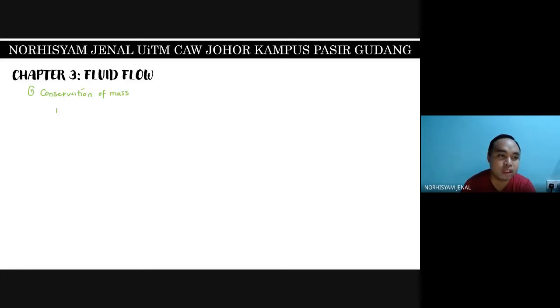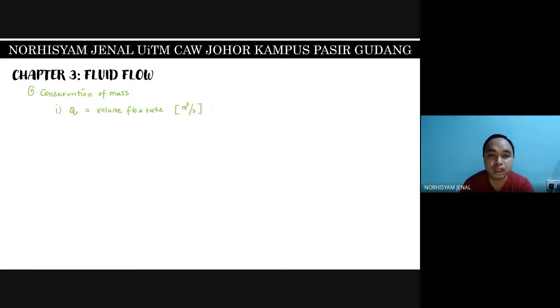Number one is denoted as Q, which we call the volume flow rate. So what is this? It is the volume of fluid flowing past a section per unit time. Volume flow rate is denoted as Q, and the unit for it is meter cube per second.